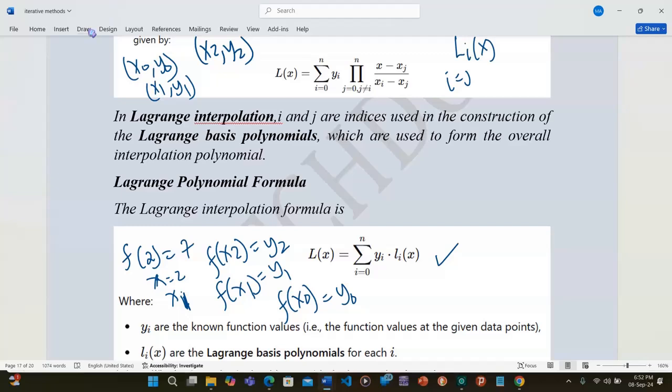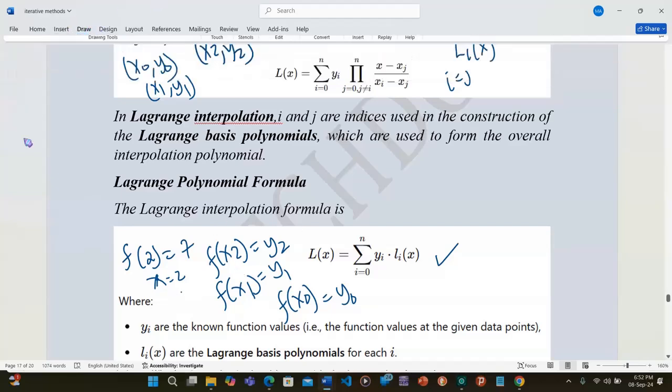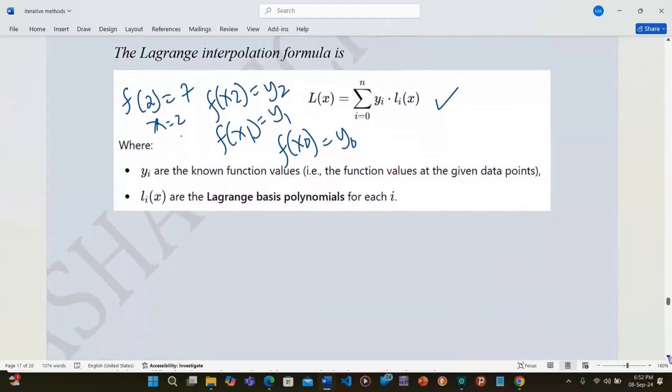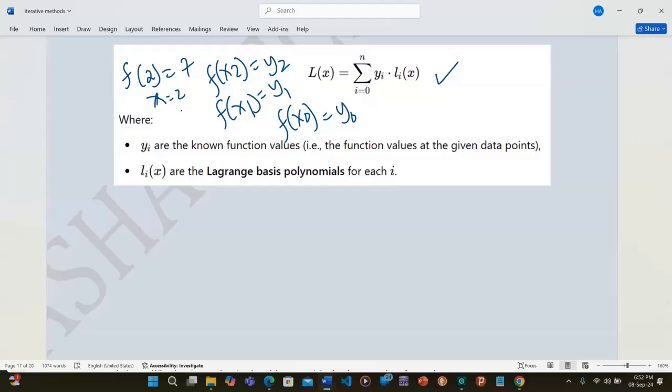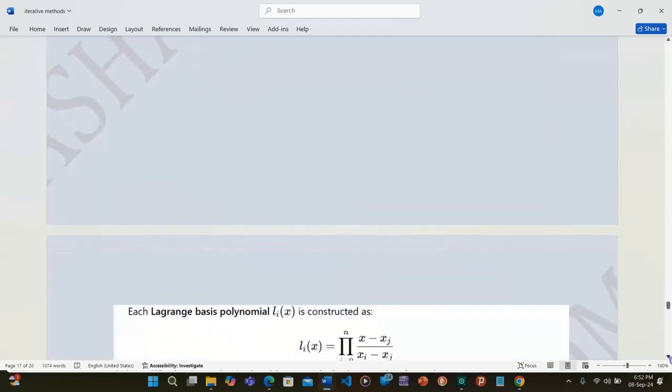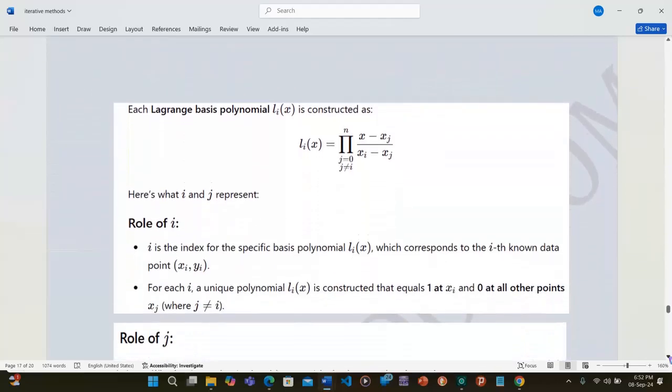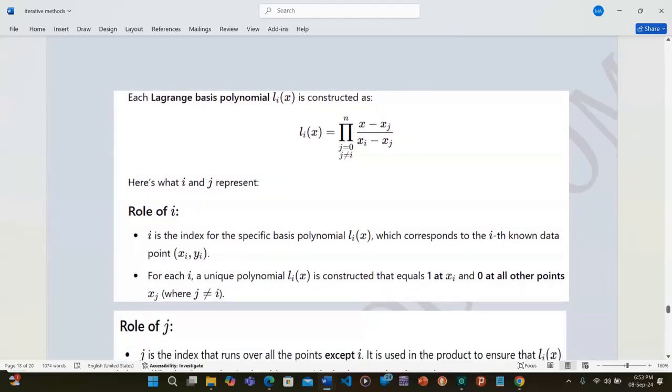Just note this one, I will not ask you to answer it in an exam, but it is for knowledge. The Li are the Lagrange basis polynomials for each i. Let's look at how they can be constructed. The basis Lagrange polynomial gives you multiples of (x minus xj) over (xi minus xj).